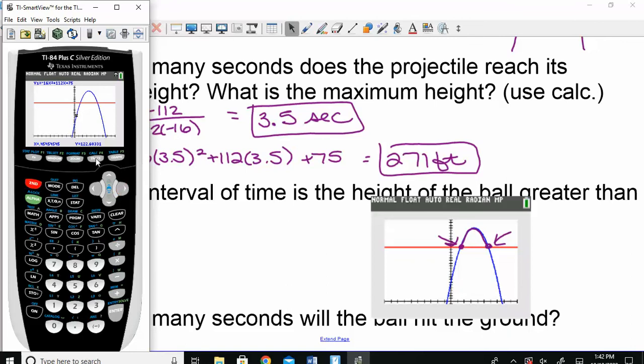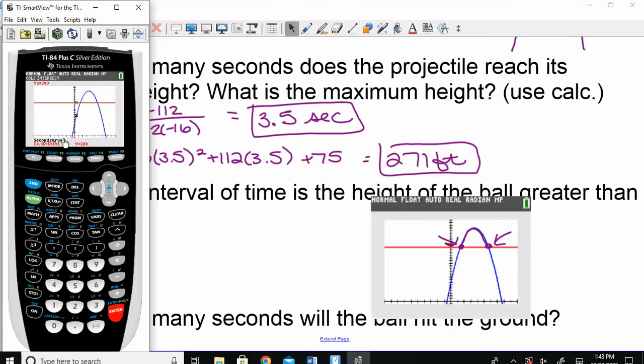If you hit second and then the trace button, it takes us into a calculate menu. These are all the things your calculator can find for you. If I want to find where 2 things meet, that is intersect, number 5. Okay, and then if you watch, it prompts you at the bottom. It says first curve. It will go there automatically, so all you have to do is hit enter.